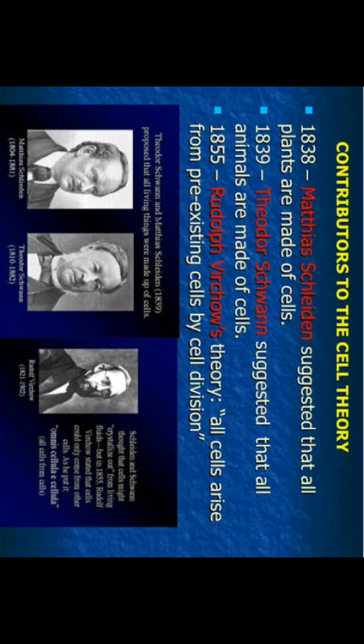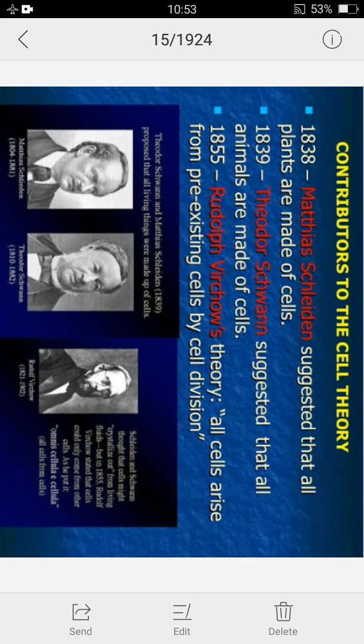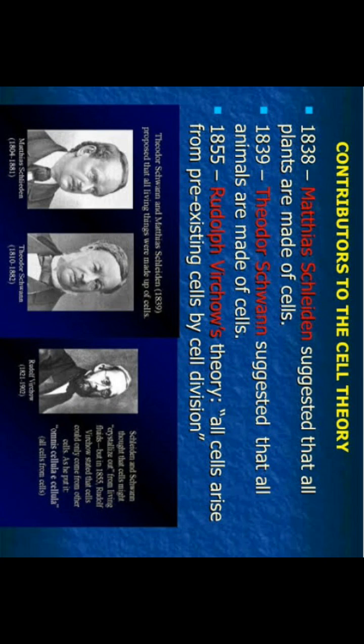Whatever kind of animal you observe, all those animals are also made up of cells, irrespective of their habit, size and even feeding habits. All those animals are made up of more than one cell. Next, later to Theodor Schwann, in the year 1855, Rudolf Virchow. What is his contribution? All cells arise from pre-existing cells by cell division.